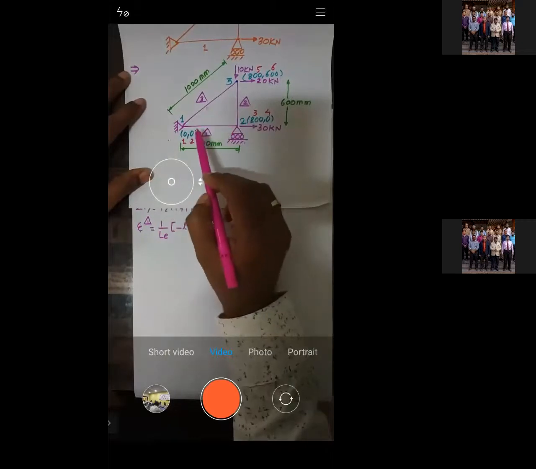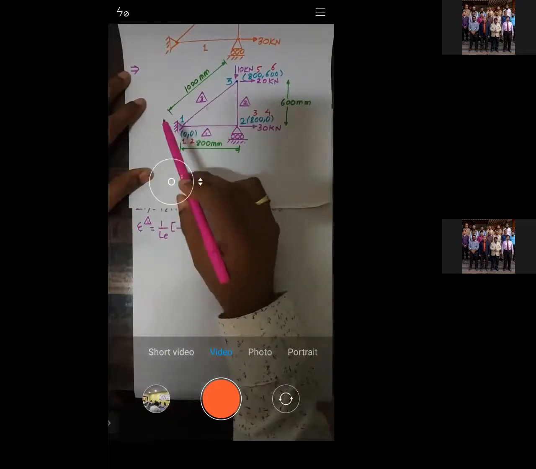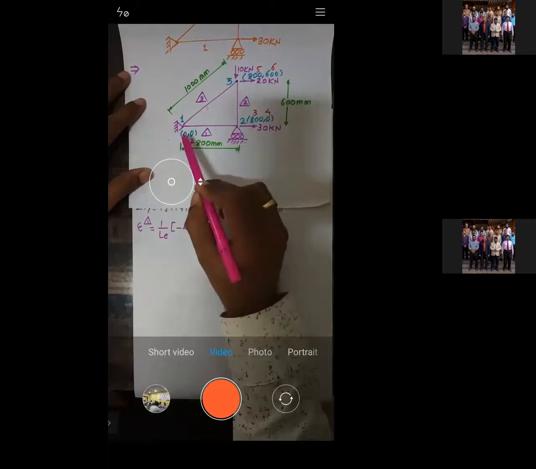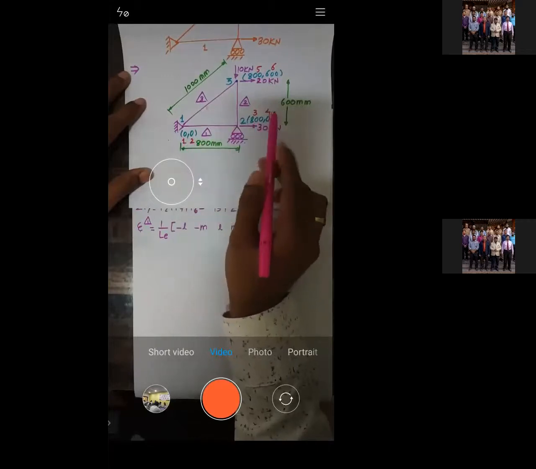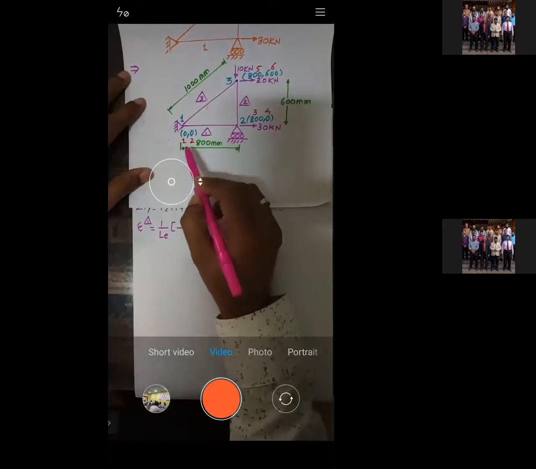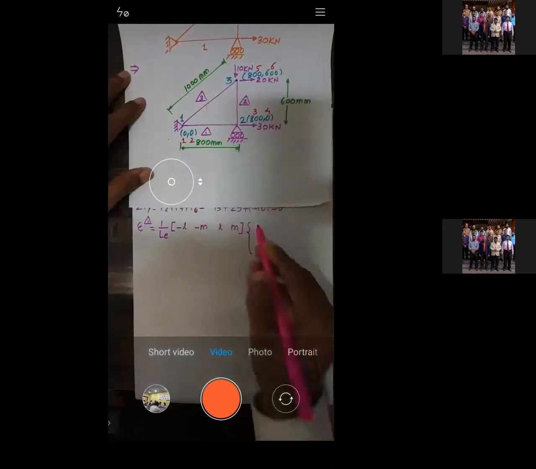So we need to write down displacements associated with node 1 and node 2. Those displacements are 1, 2, 3, and 4, so just write down U1, U2, U3, and U4.